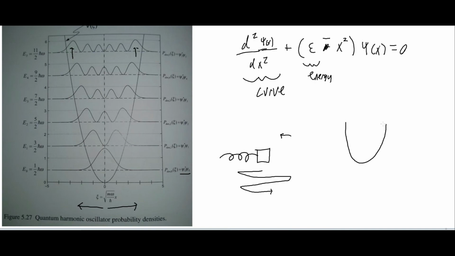If you wanted to plot where you are likely to find that mass, your probability of finding it at the edges is going to be higher, because when you're in the middle, it's going really fast in one direction or the other, so it's not spending as much time there. And so we see that at higher energy levels, the approximation of looking at it as a harmonic oscillator starts looking more and more true.